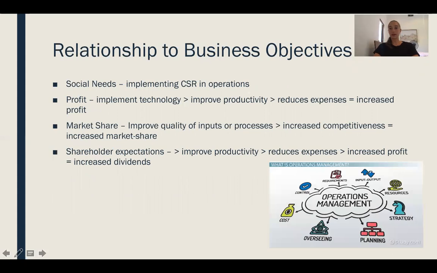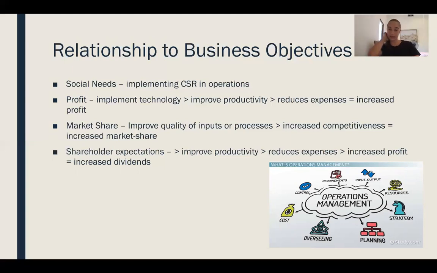So to start off with, similar to in the secondary study, we're going to be linking operations to business objectives. A business can achieve the business objective of fulfilling social needs by implementing corporate social responsibility into their operations.